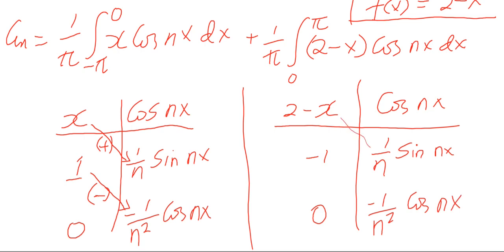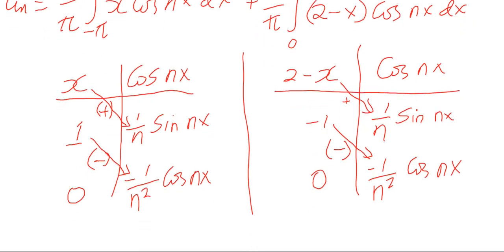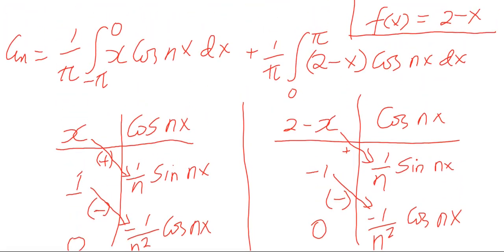Then we multiply out those terms. Remember, don't forget the signs. So, when substituting back here, don't forget the coefficient here, 1 over pi.